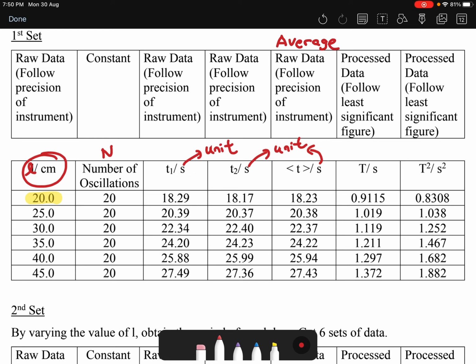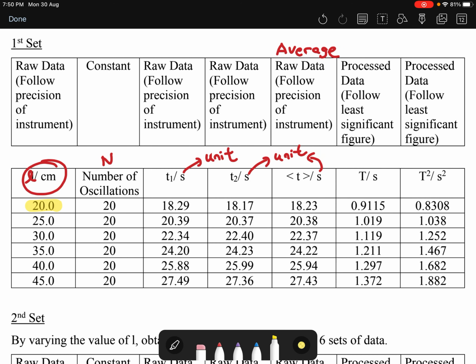Period is actually your process data. Process data follows the least SF. Let's just say I'm using the first reading, 18.23, and I divide by 20 to get one period. You cannot follow the constant SF. You must follow the raw data SF, which is 4SF. That's why I put 4SF here.